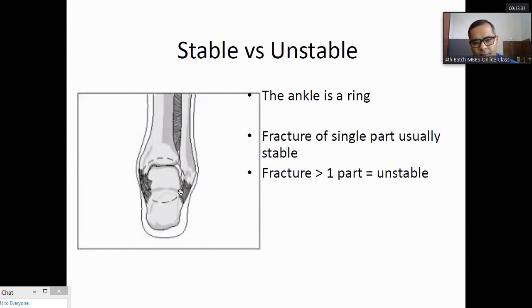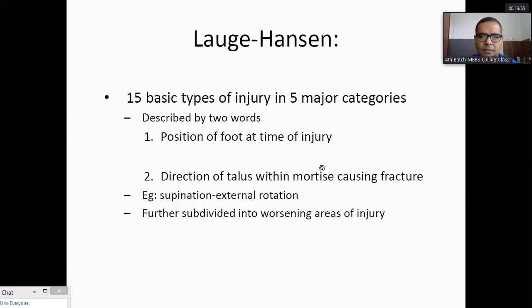When there is a disruption at any two points of the ring, we call it unstable. Suppose there is a medial collateral ligament tear and a lateral malleolus fracture, then that is also unstable, and this we need to stabilize. Only one fracture or ligament tear is a stable injury.